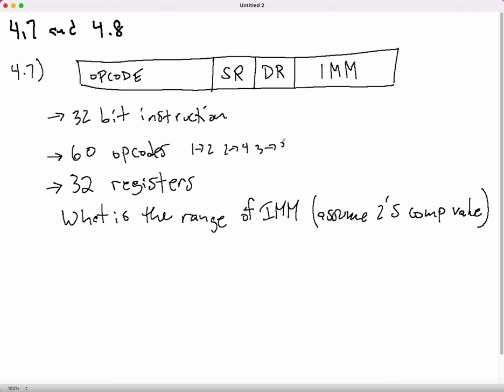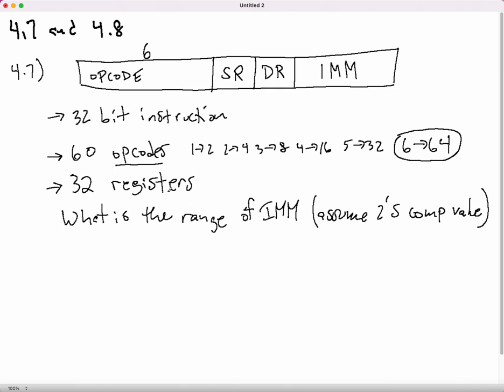With 3, I could have 8. With 4 bits, I could have 16 opcodes. With 5 bits, I could have 32 opcodes. Well, I need 60. With 6 bits, I could do 64. Okay, so I know that what I need here is 6 bits for the opcode. So this over here is going to be 6.